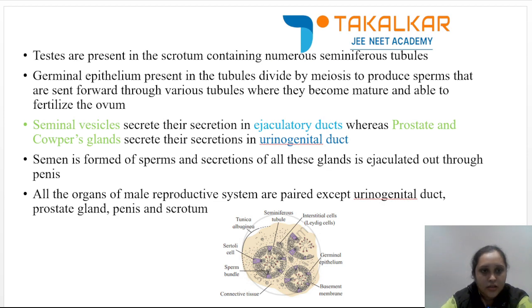So in this transport, you can see the glands, which are called accessory glands. The seminal vesicle secretes its secretion into the ejaculatory duct, while the prostate and the Cowper's gland secrete their secretions into the urogenital duct. What are these secretions called?